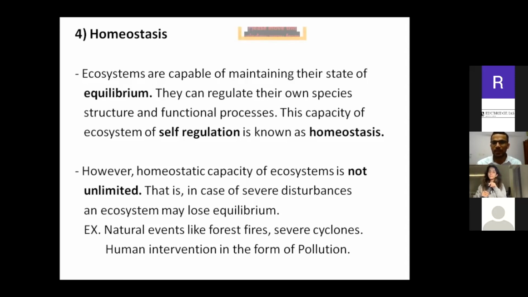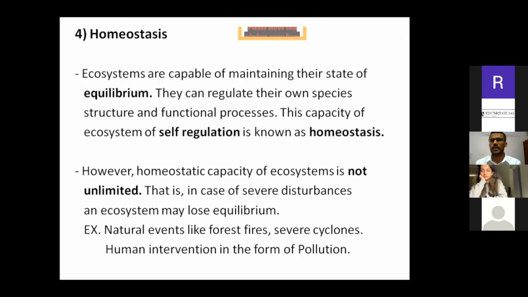So the ability of homeostasis is not infinite, it is limited. And if it is tested to an extent, it will break. Fine. So what are the factors because of which we can say that the ecosystem may lose equilibrium?